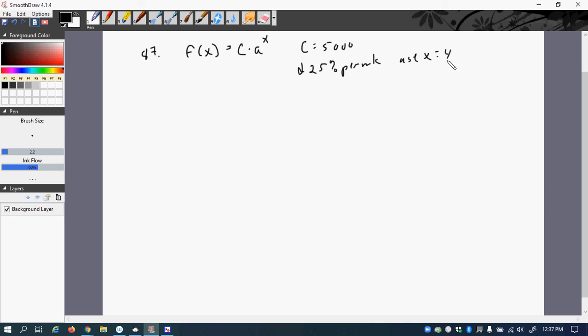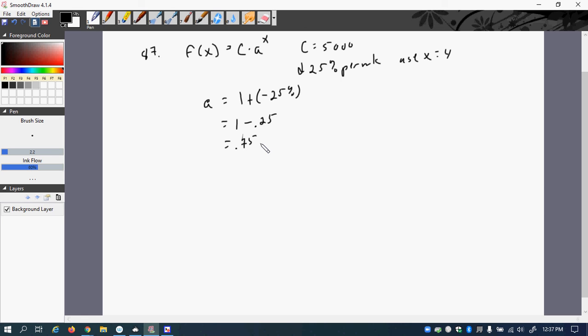So let's take a look at how we're going to go about doing this. We do know a is going to be 1 plus, and since it's decreasing, it's negative 25%. So that's 1 minus 0.25, which turns out to be 0.75.